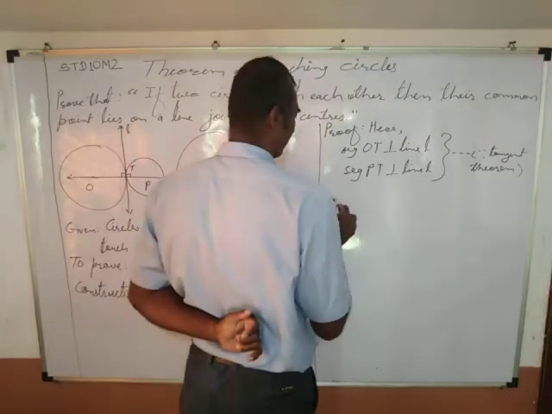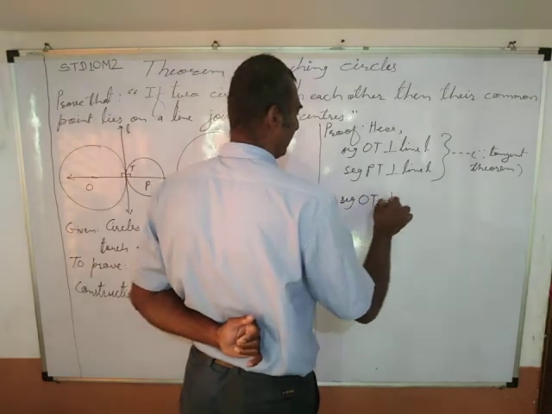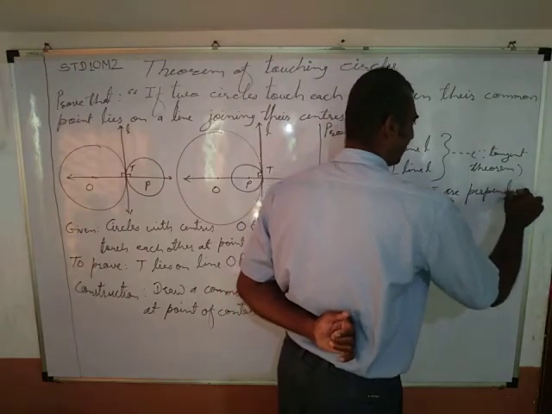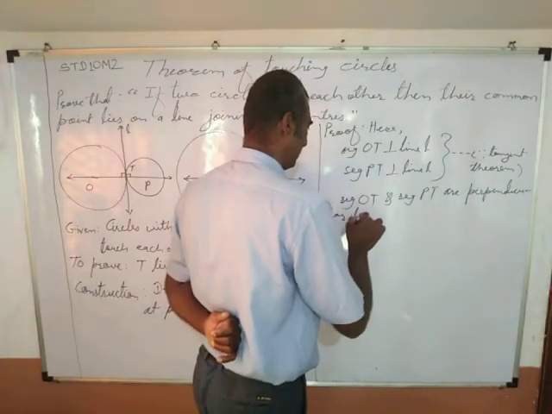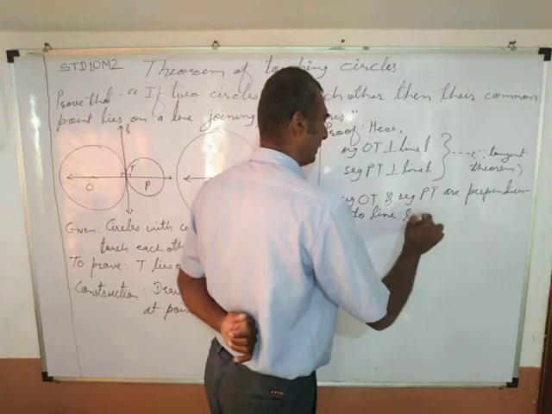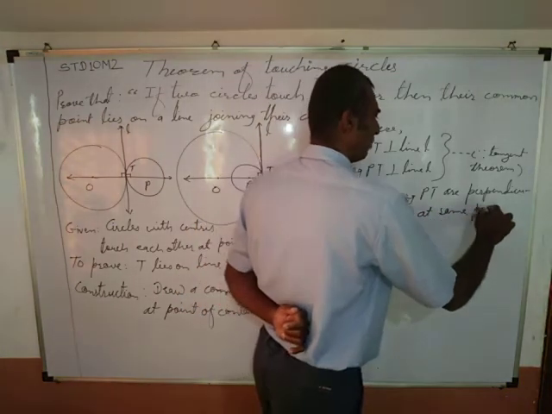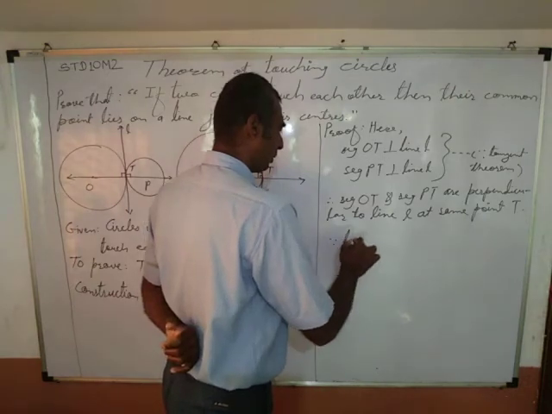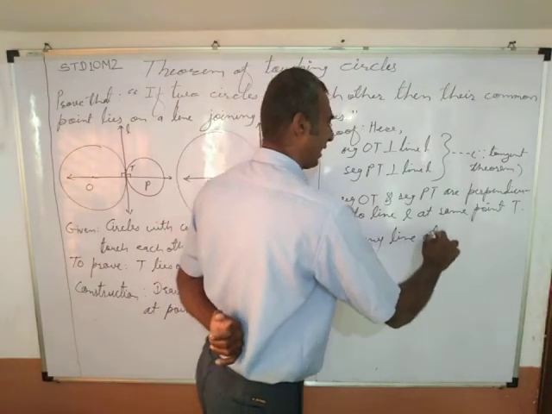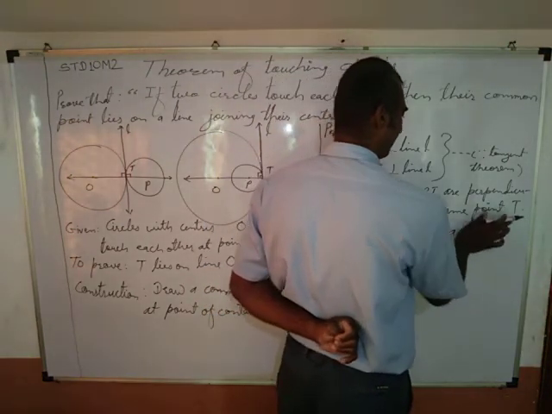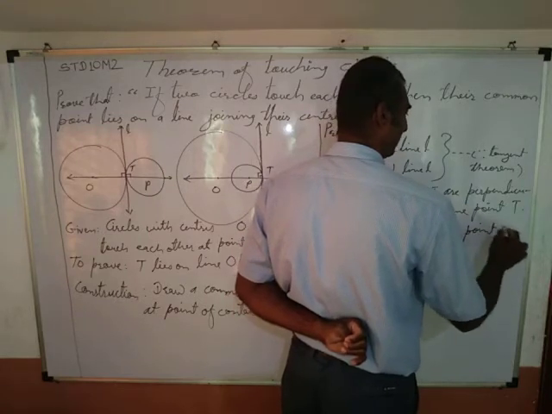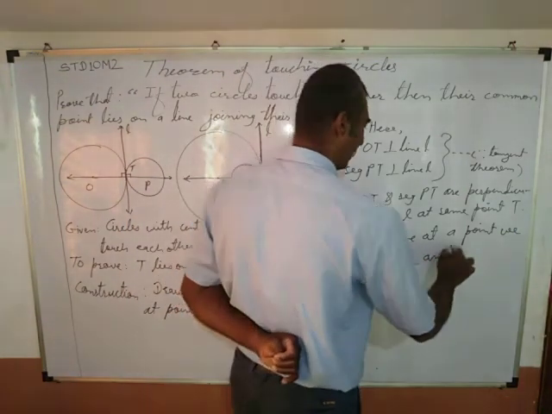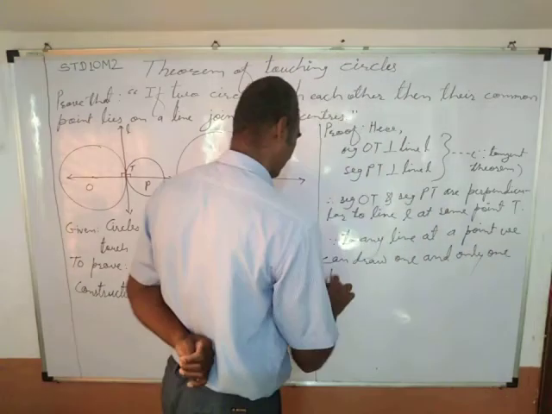Okay, and therefore seg OT and seg PT are perpendicular to line L at the same point T, since to any line at a point we can draw one and only one perpendicular.